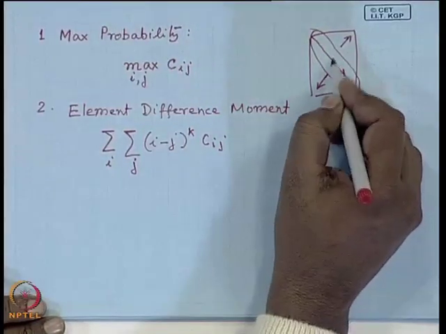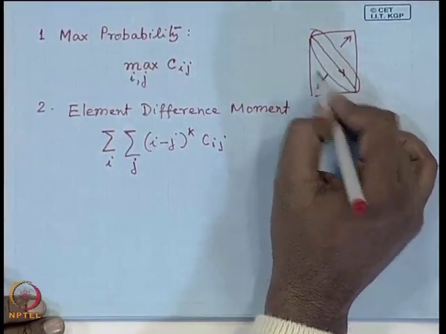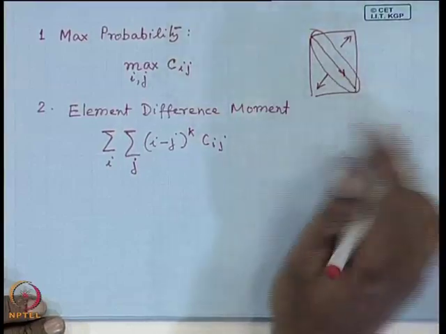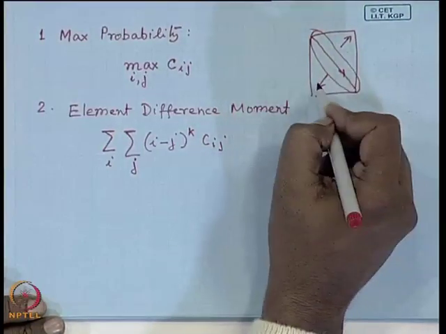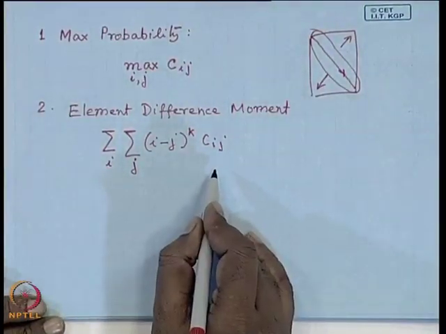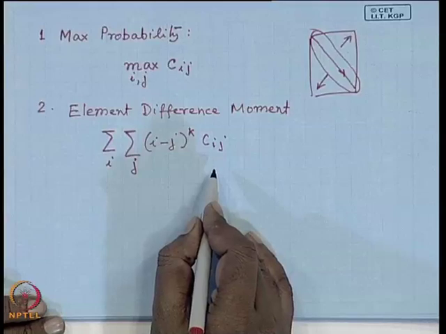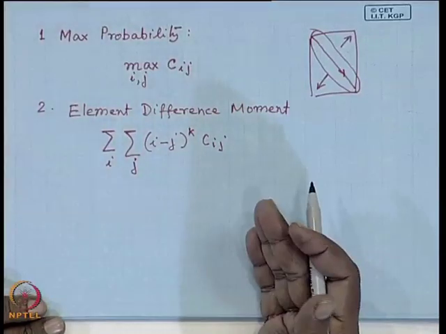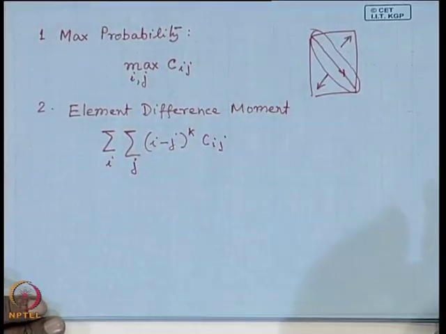Whereas, if most of the non-zero Cij's appear along the main diagonal, then this value will be quite less. Okay. So, this is another feature describing the textures.